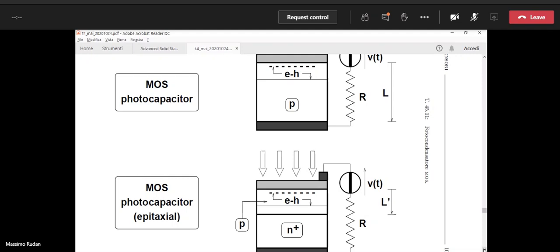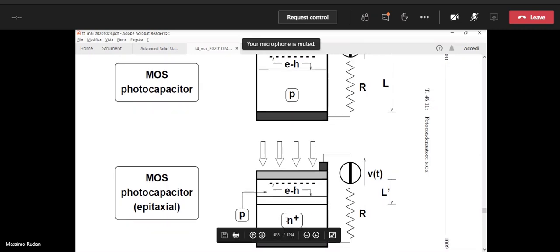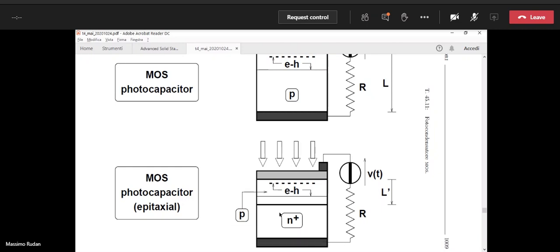The N+ region that is below is very heavily doped, so it is very conductive. It is similar to a contact, okay? So using the N+ doped region below, it is like we have uplifted the position of the bulk contact from the original 300 microns away from the interface to a distance 5 to 10 microns away from the interface, okay?